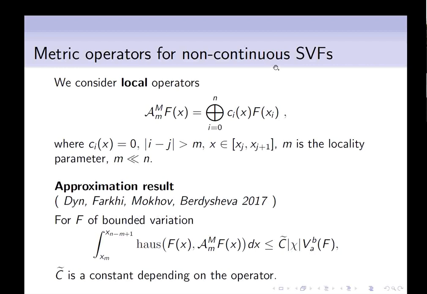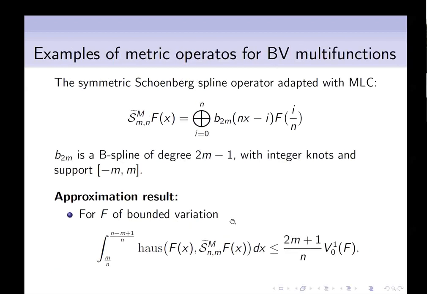So if the function is not continuous, then we measure the distance in an averaged Hausdorff distance. And here the variation is involved, and the norm and c depend only on the operator. Here is a very general approximation result. And again, we specialize it for the Schoenberg spline operator.